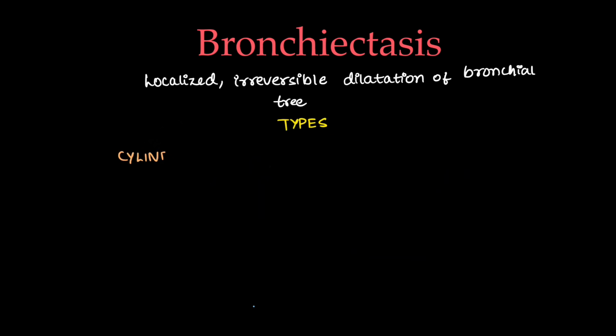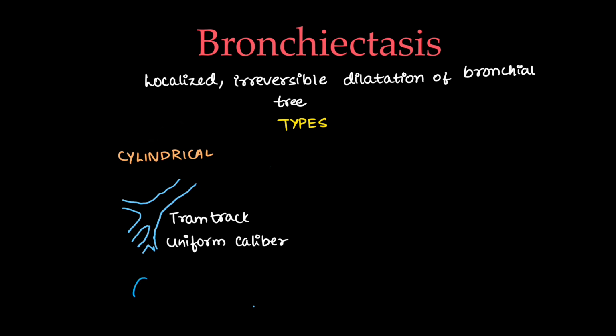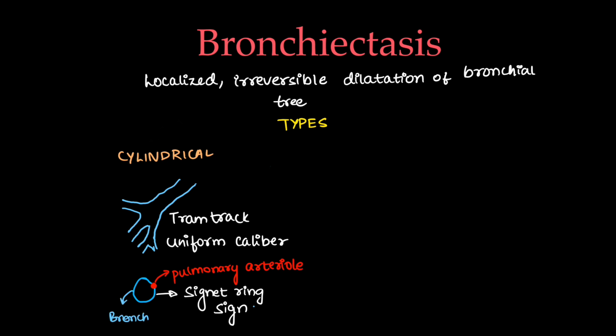Coming to types of bronchiectasis in detail, there is cylindrical bronchiectasis, in which there is linear, non-tapering, tram track appearing bronchiectasis. On cross section, it will show signet ring sign with dilated bronchiole and pulmonary arteriole along its wall.